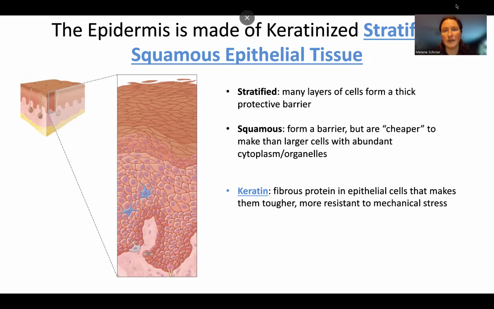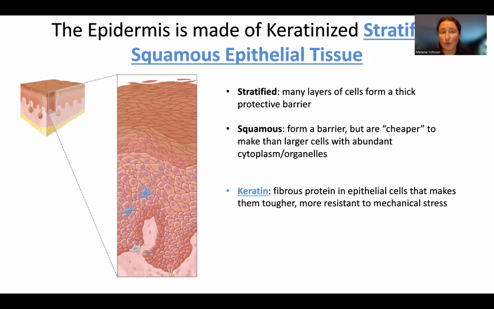The other word here is keratinized. Right? So keratinized means that this tissue has keratin in it. Not all stratified squamous epithelial tissue has keratin in it. Only the outermost ones, the most superficial stratified squamous epithelial tissues. And so keratin is a protein. We heard of it when we talked about the cytoskeleton.